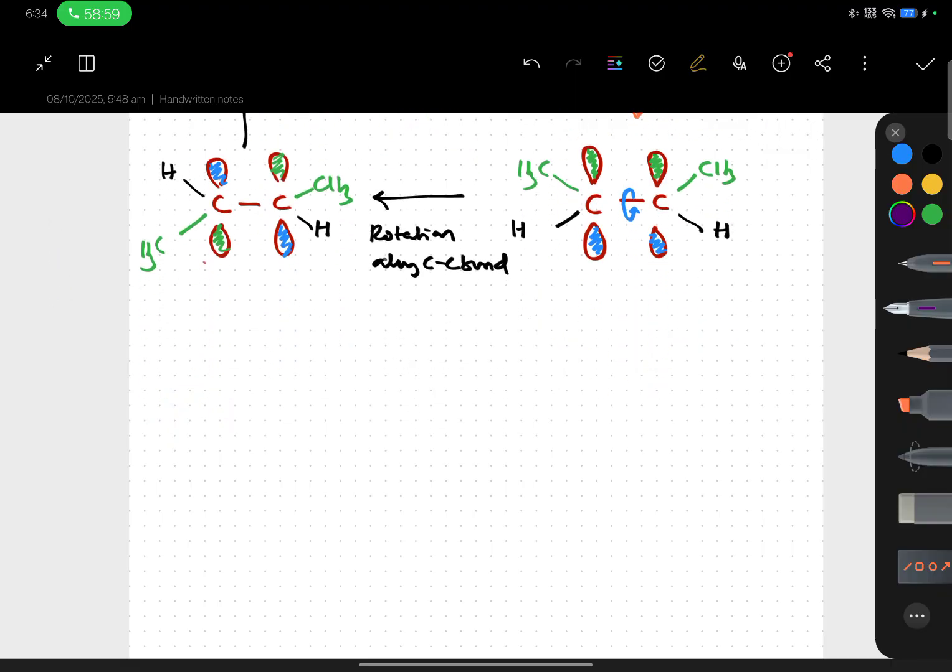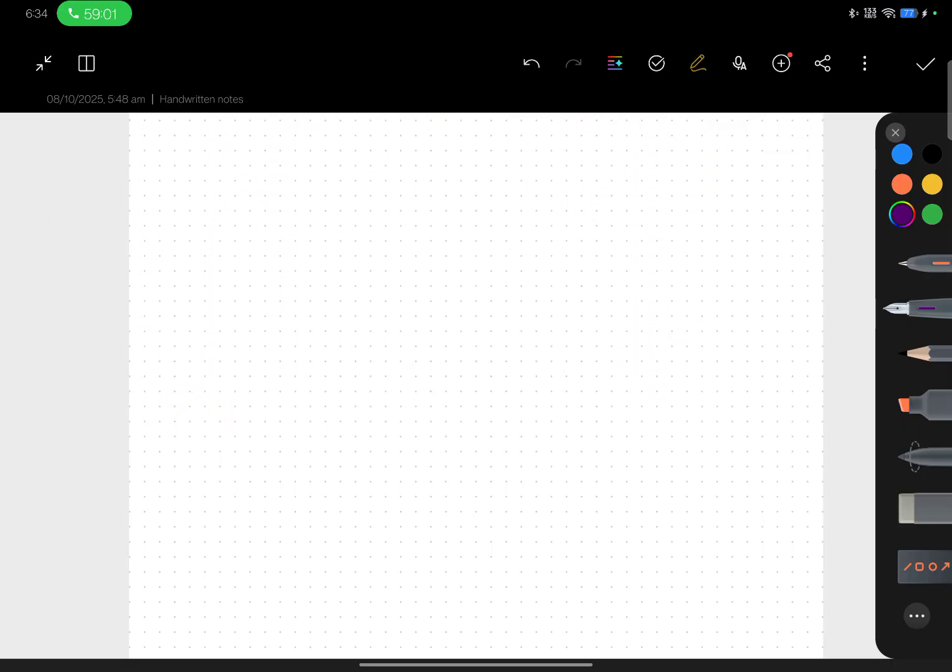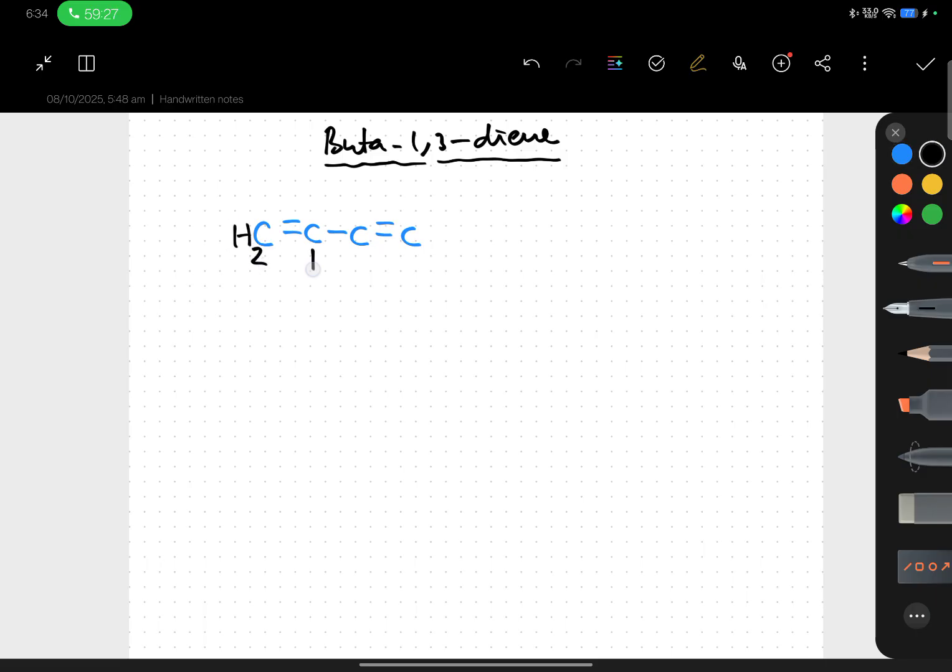Shall we move forward? One more example that is given in your book is buta-1,3-diene. In your textbook it would be 1,3-butadiene. Both are fine. You can write it both ways. So four carbons, the double bonds are at the first and the third carbon, and the remaining you balance with hydrogen.